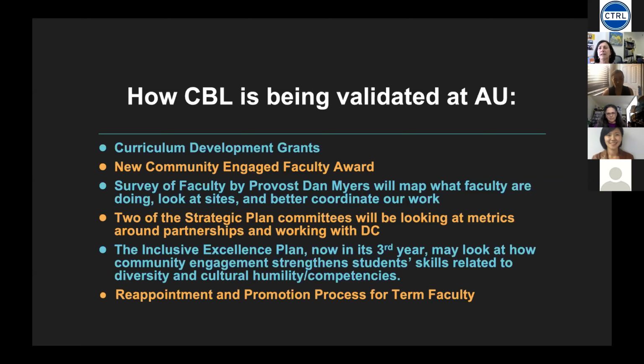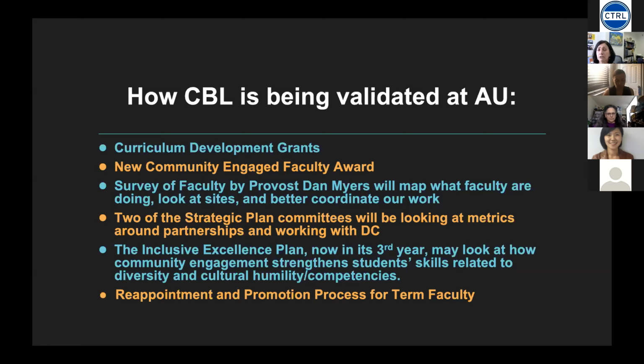If we really care about impact, we need to better coordinate and make sure we're at the right places and we're providing the right kinds of projects and service. So there is a survey that exists. I thought it was going to go in already, but I'm sure everything got pushed a little bit to the back burner given what's going on, but that will happen. And then there was going to be kind of a forum in which Provost Myers would share what the results were, and then we could start to plan accordingly.